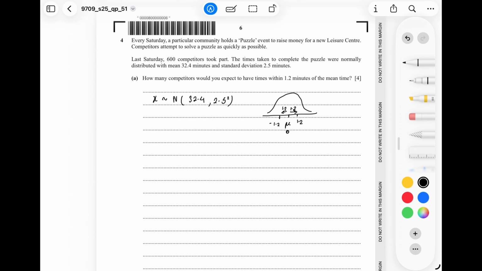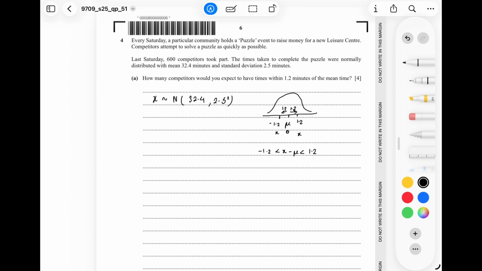Okay, so the best way to do this, I think, is this is x, right? So it's just to do like x minus mean, and this is the interval. So we know that this is 1.2 minus 0, which is 1.2, and minus 1.2 minus 0 is still the same.